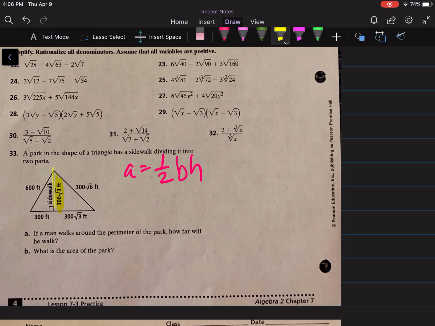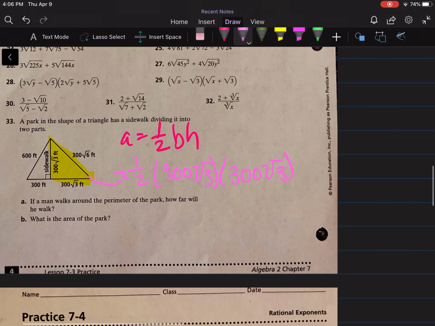So this first triangle right here in yellow, that one is going to be 1/2 times the base is 300 root 3 and the height is 300 root 3. That's for this yellow one.